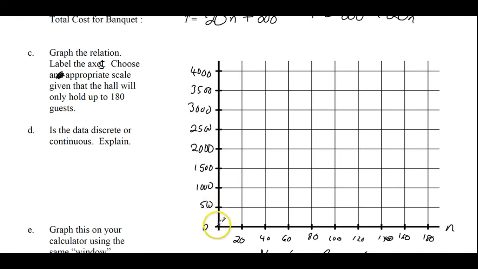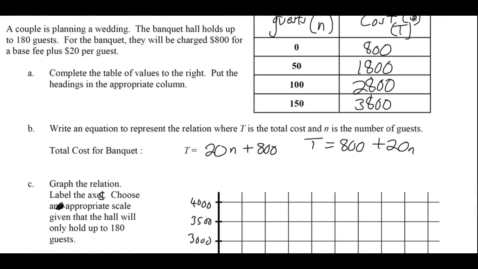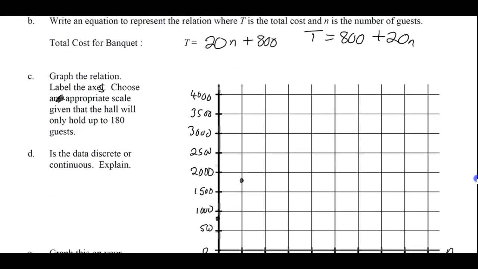Almost should have gone by 400s: 400, 800, 1,200, 1,600, 2,000, but that wouldn't go very high though. Could have gone by 800s, but whatever. 0 is 800, 20 is 1,200, 40 was, oh, we don't have that, we have 50. 50 was 1,800.